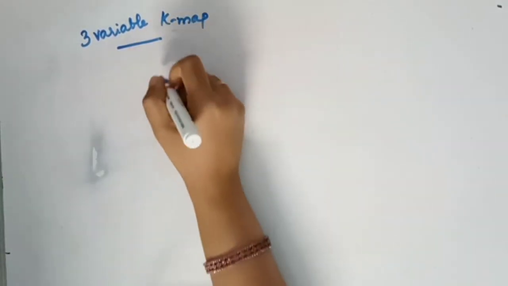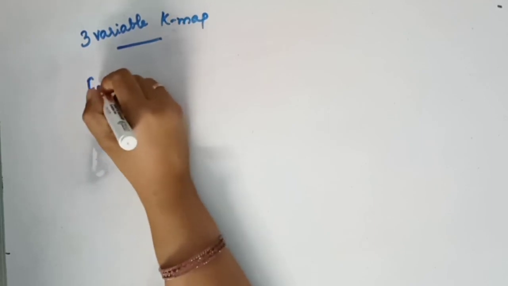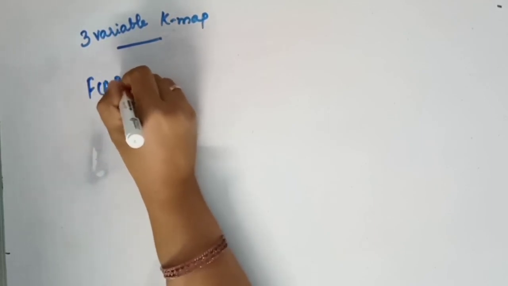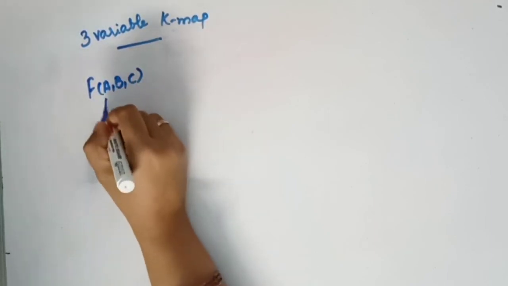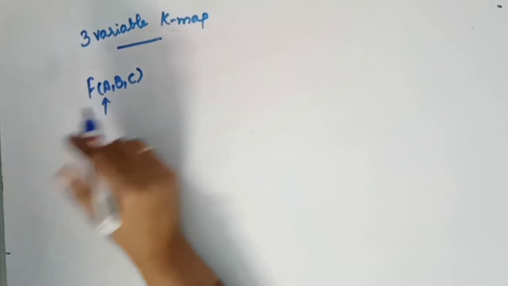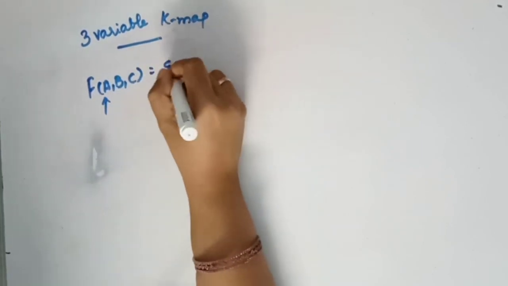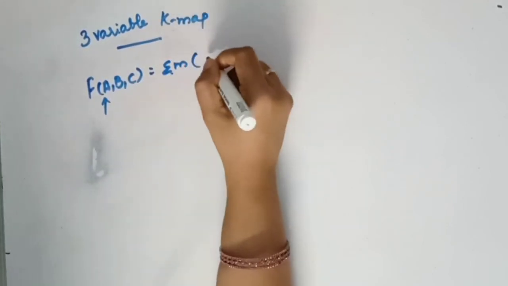So in a 3-variable Kmap, the question will be something like function of A, B, C. Here A is the MSB, C is the LSB. The leftmost one is the MSB. Don't mix it up.